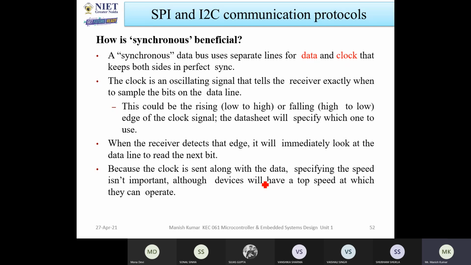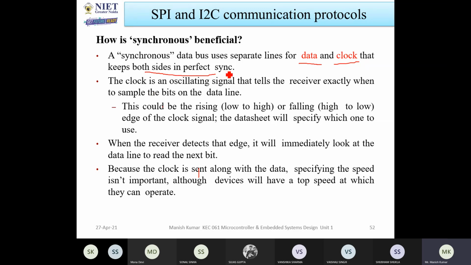So first you have to understand how it is beneficial for a system for transmitting data. In a synchronous data bus, separate lines for data and clock keep both sides in perfect synchronization. For data, dedicated lines are there; for the clock, dedicated lines are there. So there is perfect synchronization between the data lines and the clock lines. So it's beneficial.